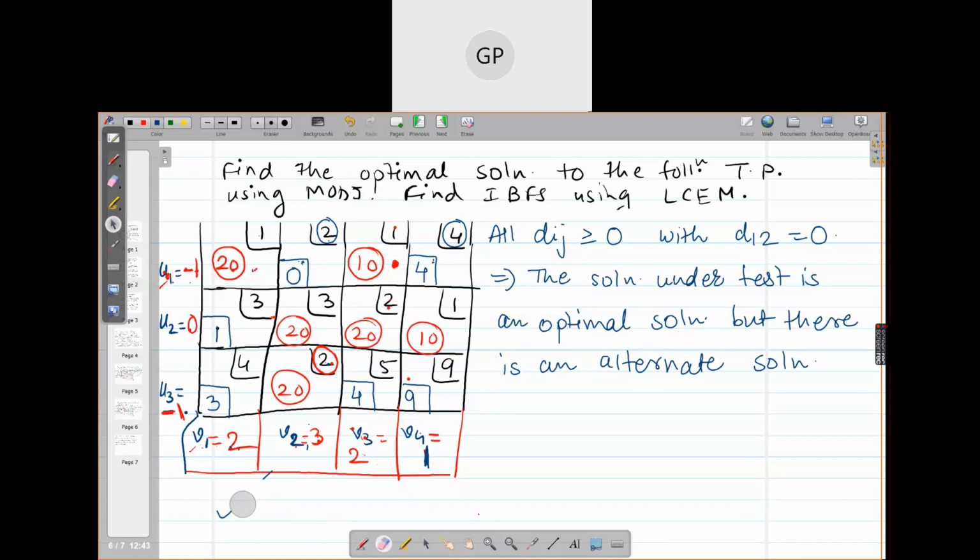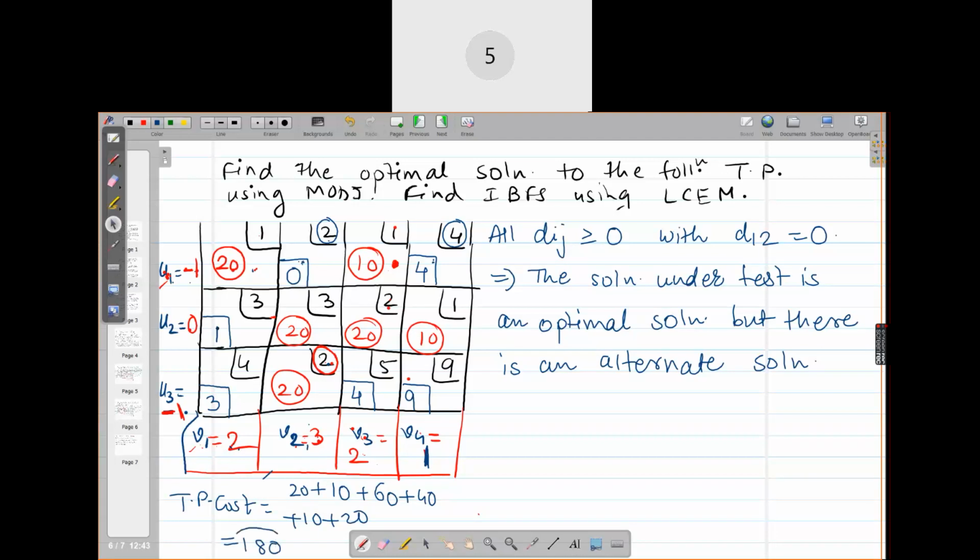What is the TP cost with these allocations? 20 into 120 plus 10 into 110 plus 20 into 3, plus the occupied red allocations, 60 plus 40. It is 180.